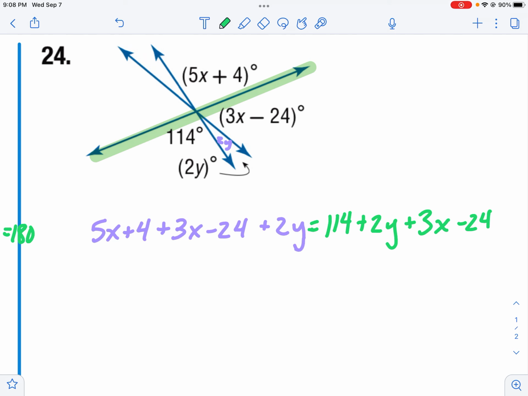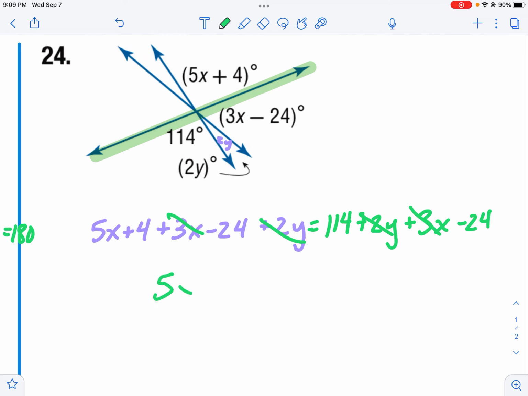And I could solve, and you'll get the same thing. You get 8x plus 2y. Well, I guess the 2y's would reduce eventually, right? If I subtract those off of both sides. The 3x's would also reduce to nothing.